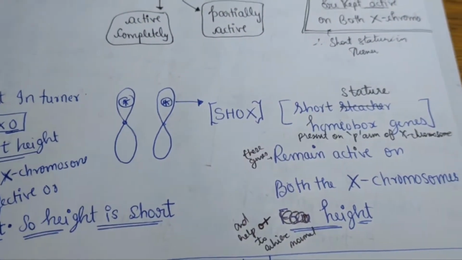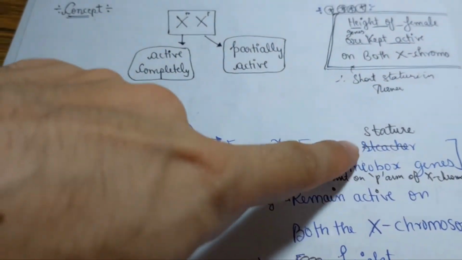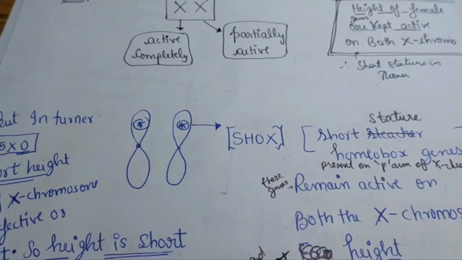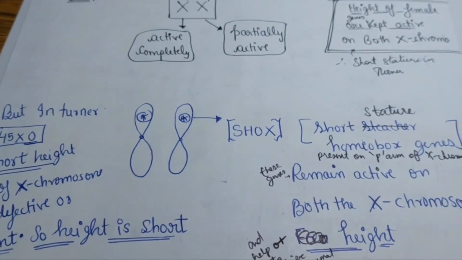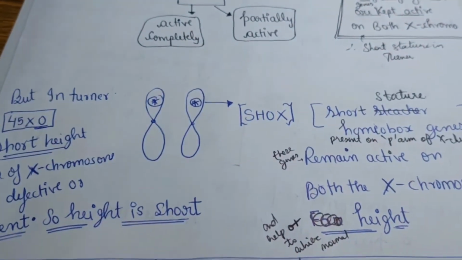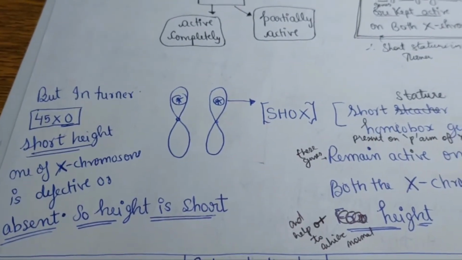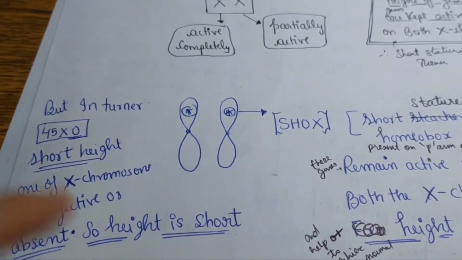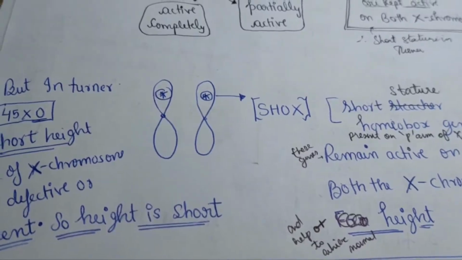The gene associated with height is called SHOX, the short stature homeobox gene. It is present on the P arm of the X chromosome. These SHOX genes remain active on both X chromosomes and help the female achieve normal height. But in Turner, that is 45,XO, one of the X chromosomes is defective or absent, so the Turner female's height is shortened.